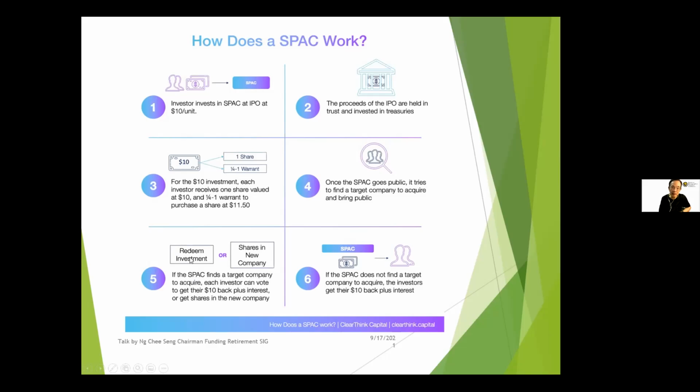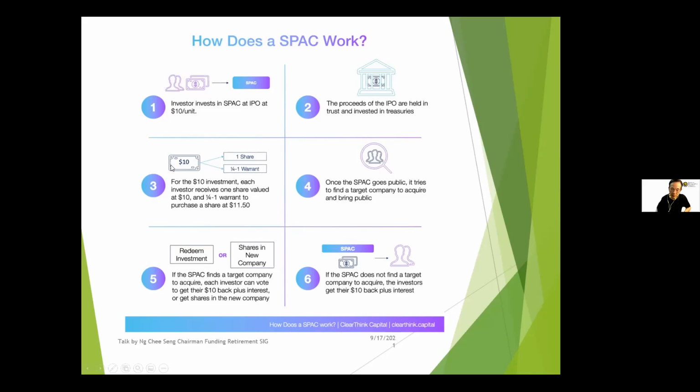That means if you invest the $10, when they find a new company to invest in, you still have a choice at a meeting to decide whether you want to take back your money or invest in the share of the new company they have acquired. If a SPAC does not find a target company to acquire, the investor will get their money back plus interest. That is the traditional model, that is how a SPAC works.